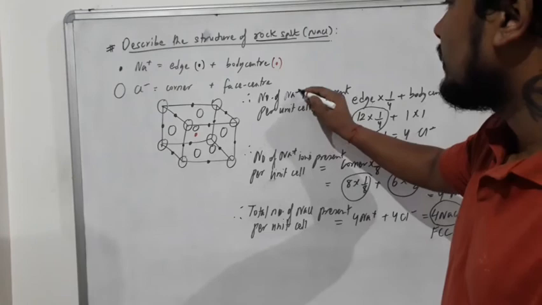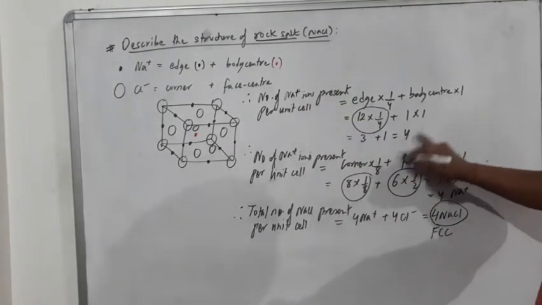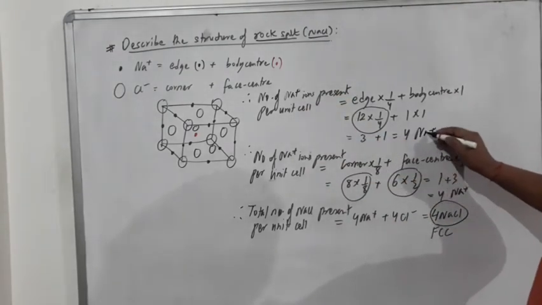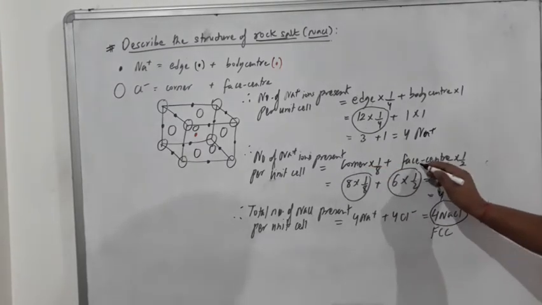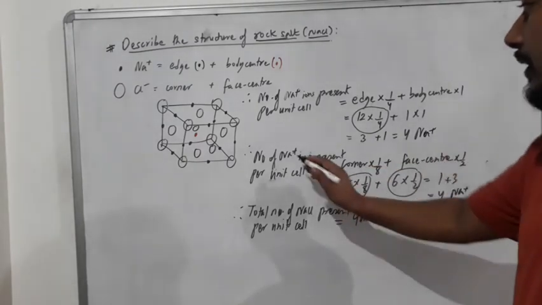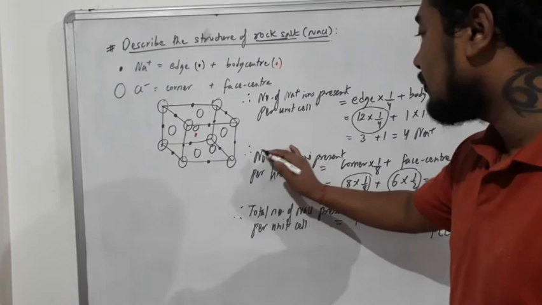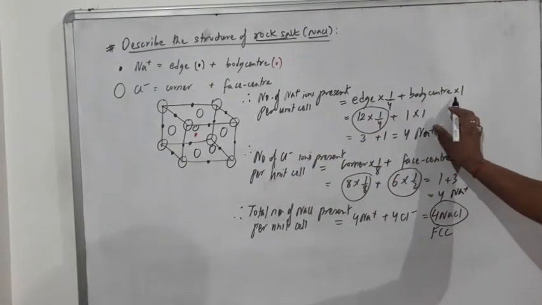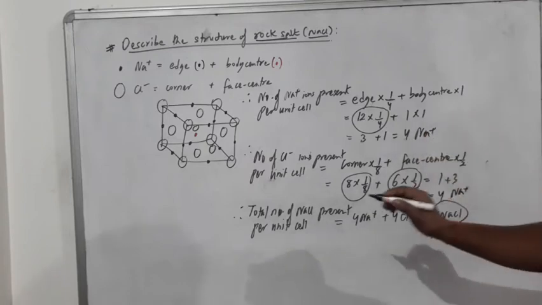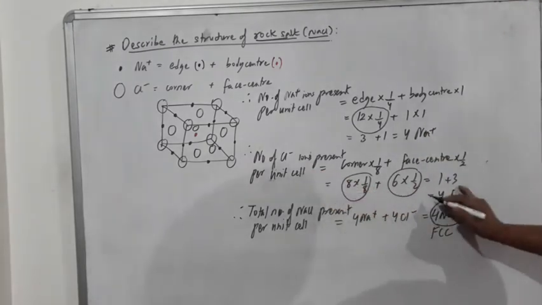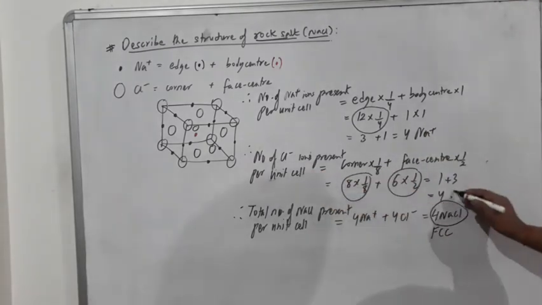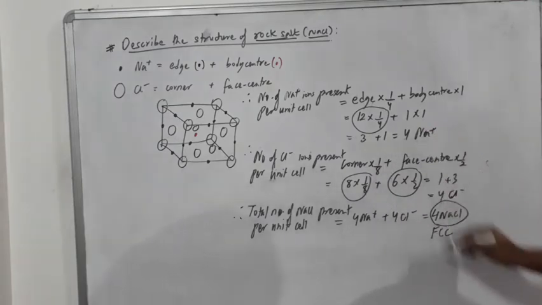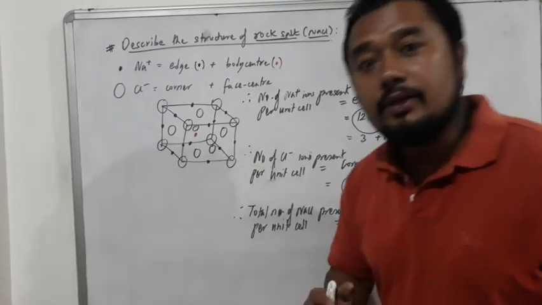But the person wrote chloride. Who was supposed to be in the corner and face center? Chloride. But the person wrote sodium. So it's wrong. Do remember, students: in the edges and body center it is sodium, and in the corner and face center it is chloride. All will come 4, but you may miss the location.